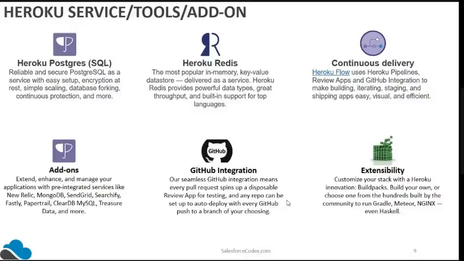That is the concept of Redis infrastructure. Redis is separate software, and its implementation in Heroku is called Heroku Redis. So when you want any kind of in-memory capability in your application, you can add Heroku Redis to your Heroku platform. Then we have continuous delivery.